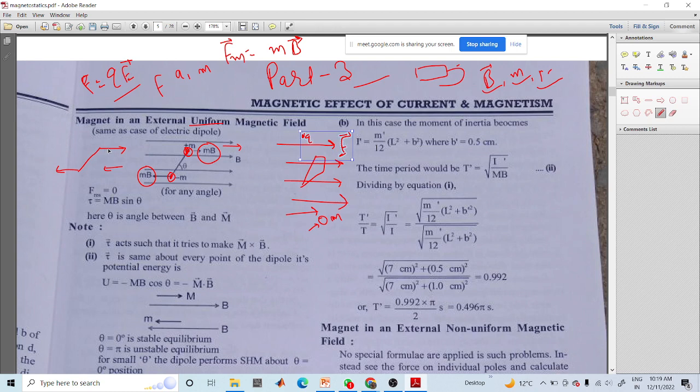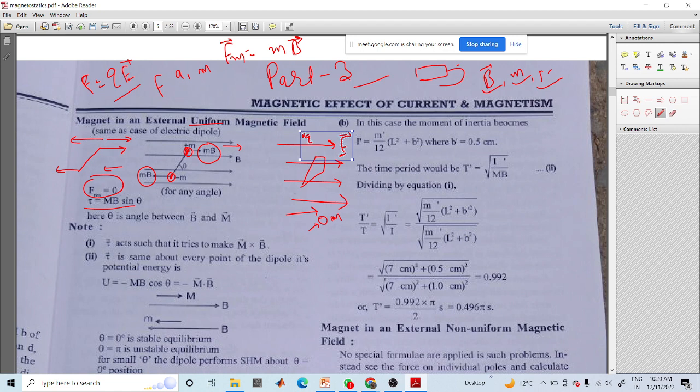The resultant force will be zero, because one is in this direction and the other in this direction, so the total force will be zero. Just keep in mind, the resultant force is zero, not that the force is zero.